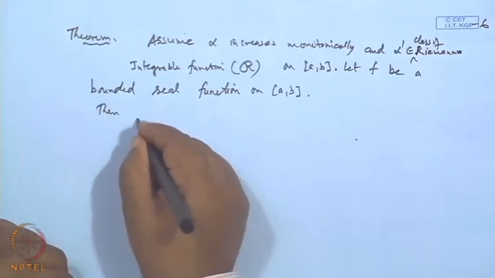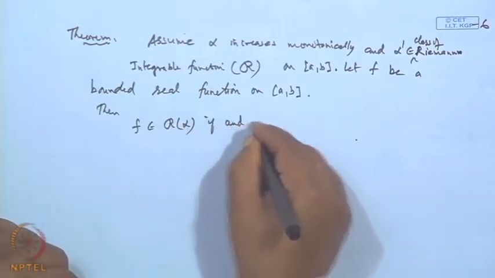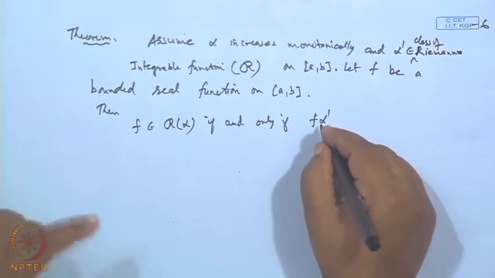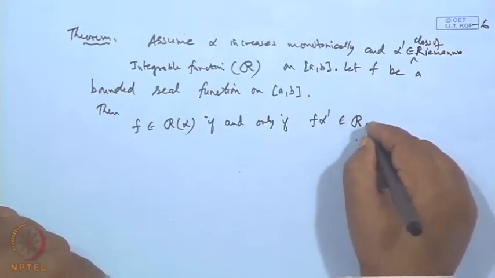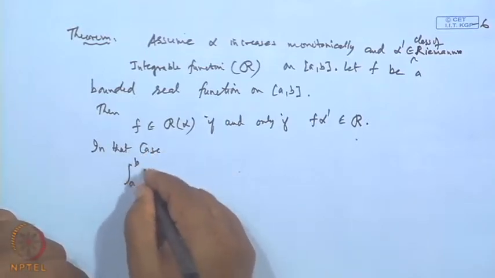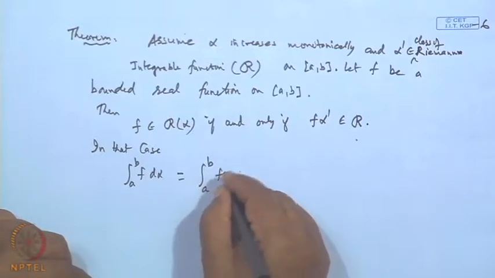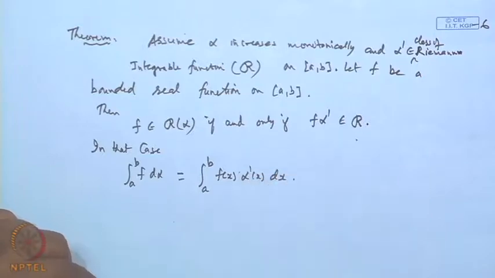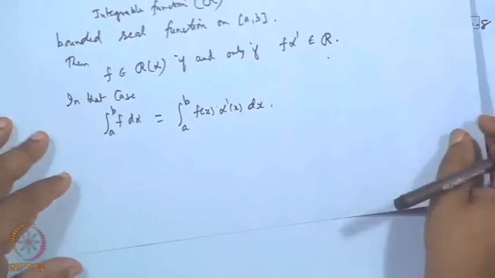Then the result says f is Riemann-Stieltjes integrable with respect to alpha if and only if the product f times alpha dash is a Riemann integrable function on [a, b], and in that case the integral from a to b of f d alpha, the Riemann-Stieltjes integral of the function f, is the same as the integral from a to b of f(x) alpha dash(x) dx, as if it is just a definite integral. Okay. So, this is the statement.